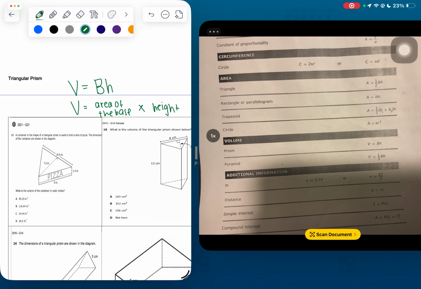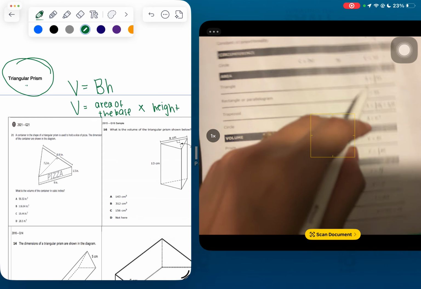So we're going to do the same thing. Triangular prism means that the base of the prism is a triangle.